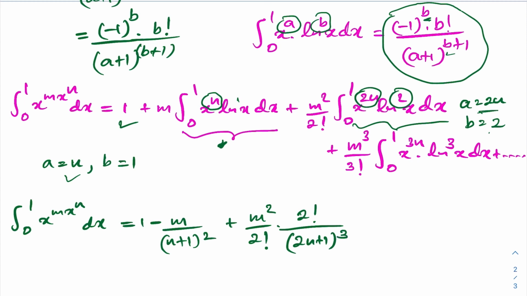Then according to this pattern we can write m cube over 3 factorial times 3 factorial over 3n plus 1 raised to the 4 power, plus so on.